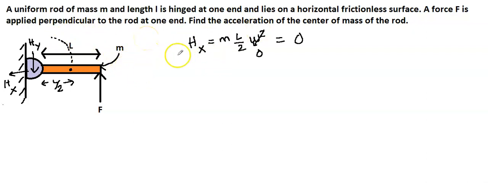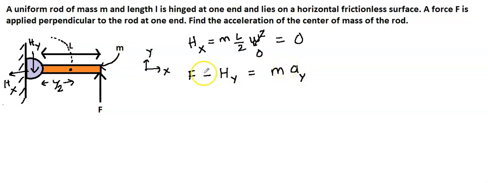In the other direction, we have F minus Hy is m times the acceleration in that direction. So let's call this x and y. So this is the y component of acceleration. And if we also use the rotational equation, the torque about, let's call this point O, is the moment of inertia about point O times the angular acceleration.